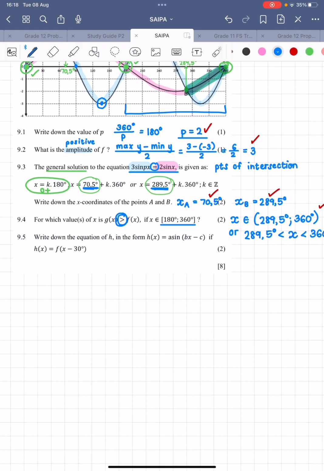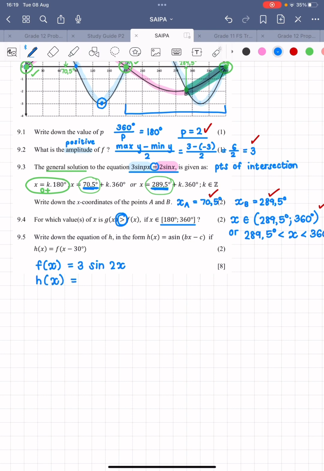Now, I'm just going to rewrite again what f of x was. F of x was 3 sine 2x. They told us in the beginning of this question that it is 3 sine px, but remember we then went on to calculate that p was equal to 2. All right, so 3 sine 2x. Now they want us to write down the equation of h.